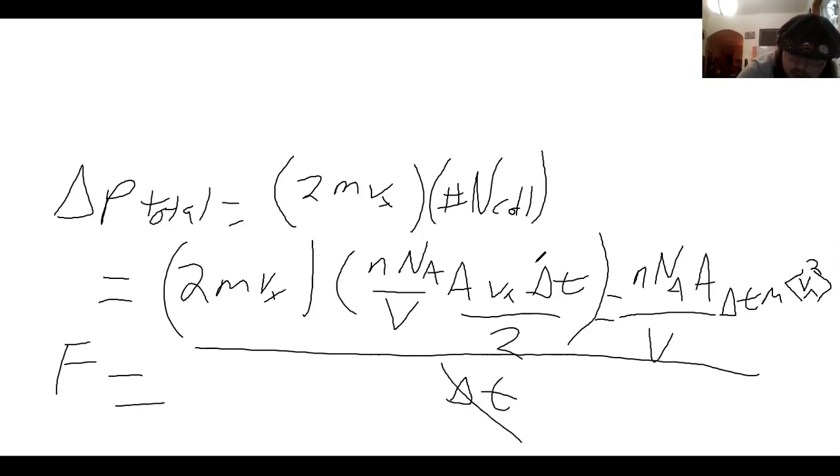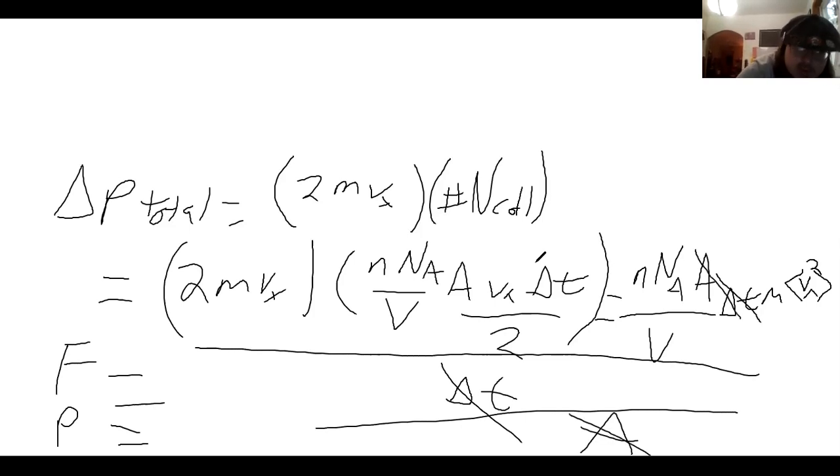So delta t and that cancel out. Now, once again, pressure is force over area, so it becomes this whole thing divided by area. Area cancels out.